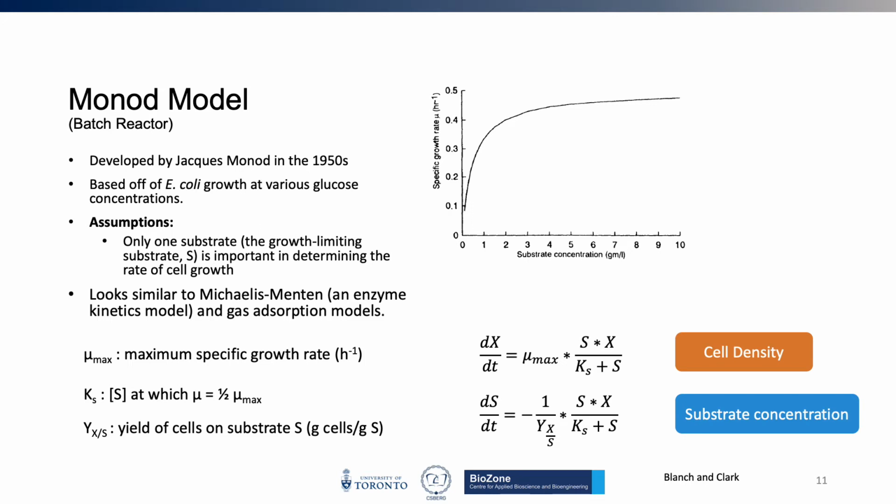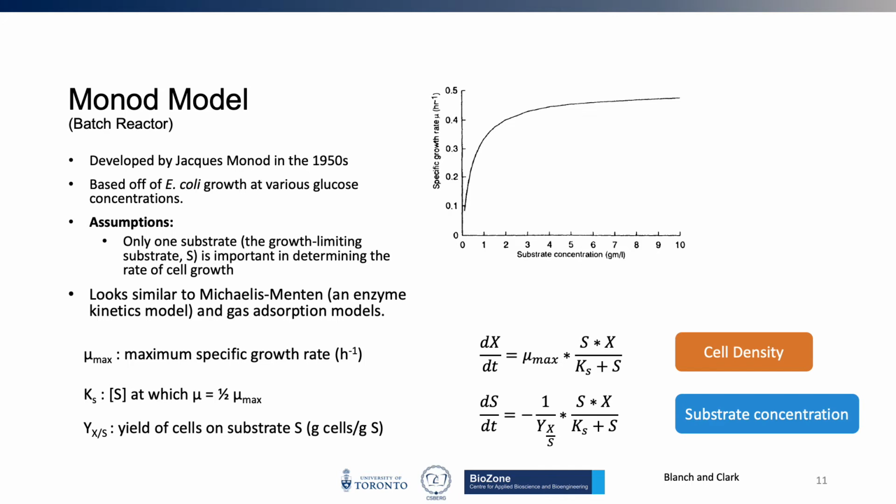So the Monod model is one type of model that describes equations for cell density, substrate, and product concentrations in a batch reactor, and it goes without saying that these are all mass balance equations. The Monod model was developed by Jacques Monod in the 1950s, and it is based off of E. coli growth at various glucose concentrations.